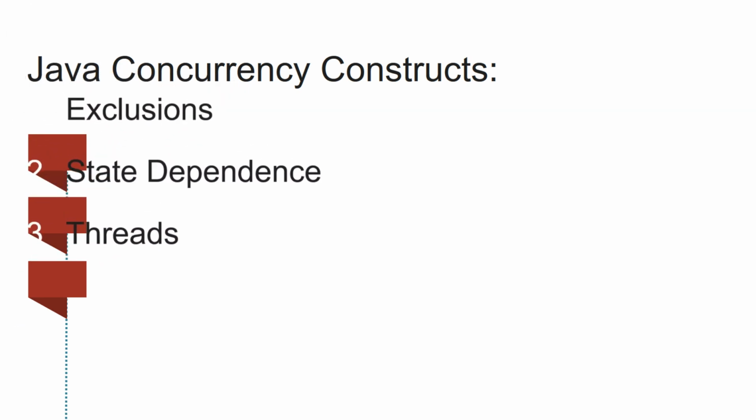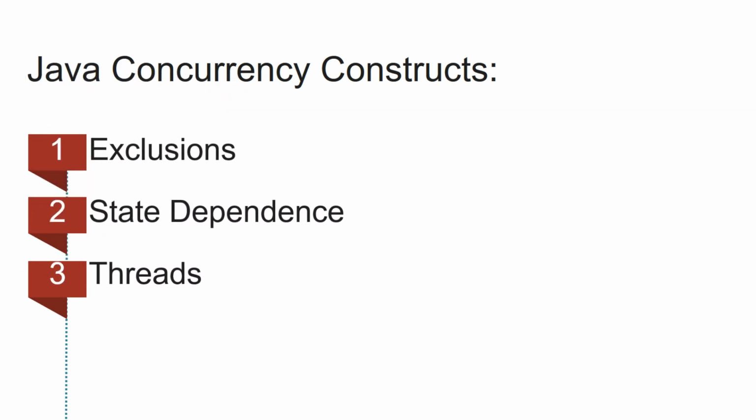The Java concurrency constructs that this textbook covers will be about exclusions, state dependence, and threads. Basically these are the next 4 chapters that we will be studying in detail as per the textbook, and we will follow them in the coming weeks. All of them are going to have several example Java implementations which we have to look through and implement ourselves.